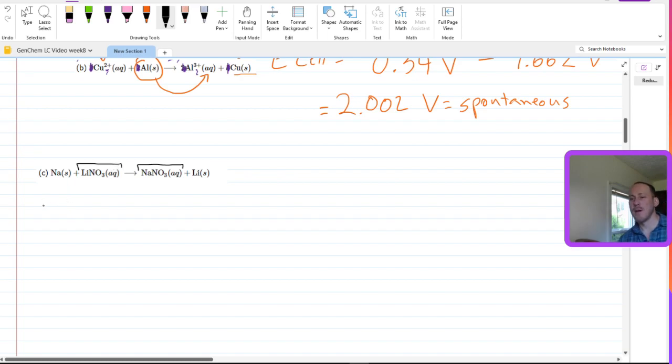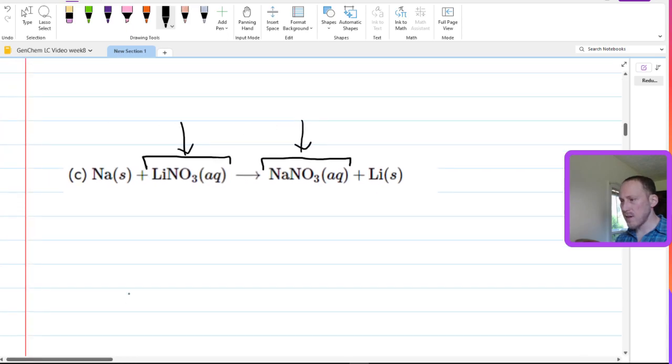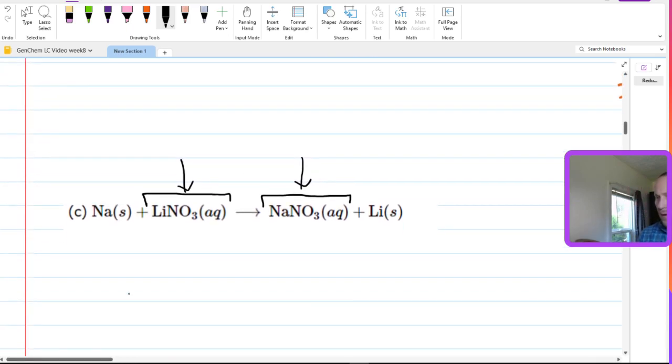And hopefully you recall that nitrate is highly soluble. So this lithium nitrate over here on the reactant side, zoom in on that a little bit for you, and this sodium nitrate on the product side will be reliably fully dissociated.